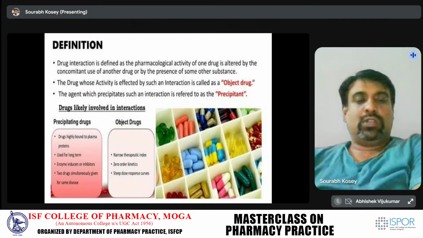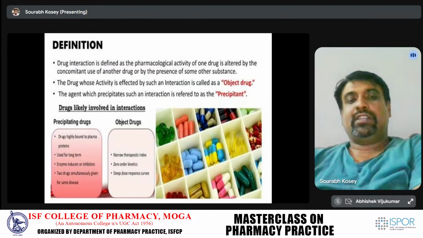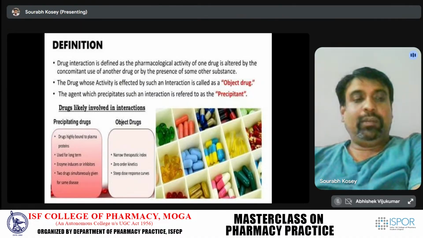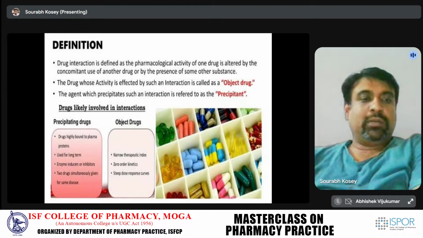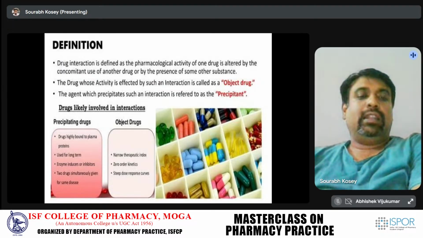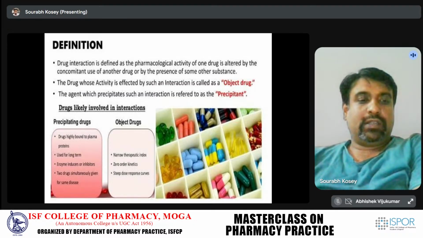The drug whose activity is affected is called the object drug, whereas the agent which precipitates the interaction is the precipitant drug. So one basic concept is clear: one drug is the precipitating drug and the other is the object drug.